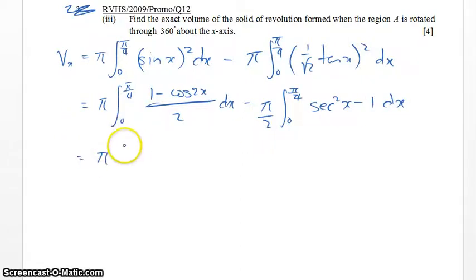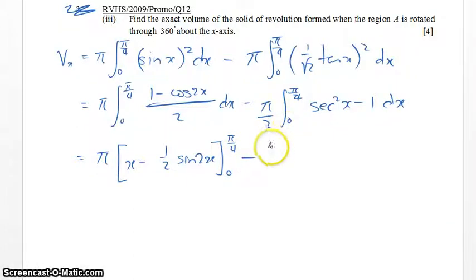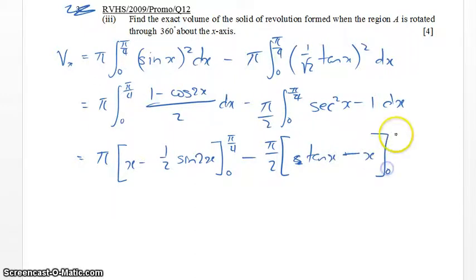So this is pi times x minus a half sine 2x between 0 and pi upon 4, minus pi upon 2 tangent x minus x between 0 and pi upon 4.